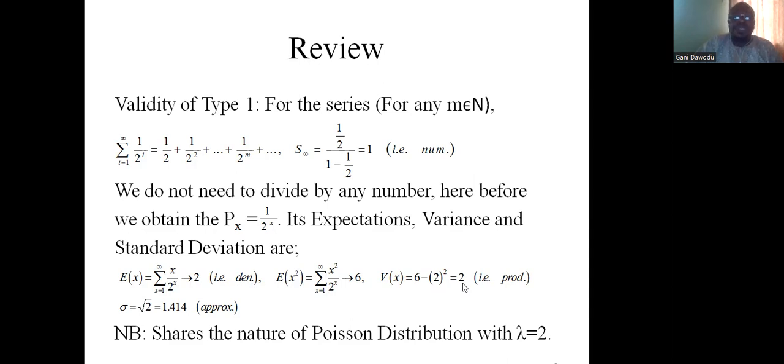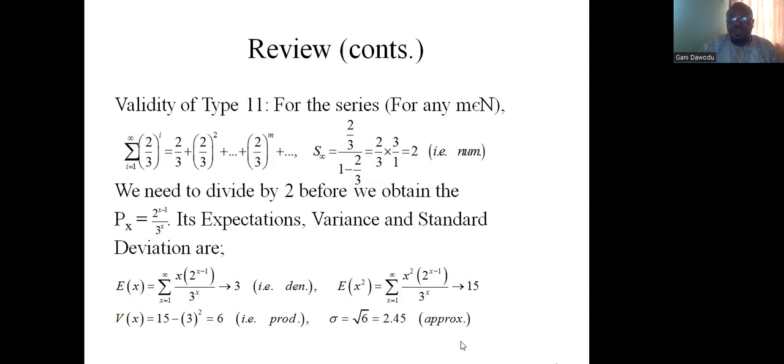That's a property shared with the Poisson distribution, where the mean and variance are equal. So we say that this PMF, this discrete distribution, is Poisson in nature with lambda equal to 2.